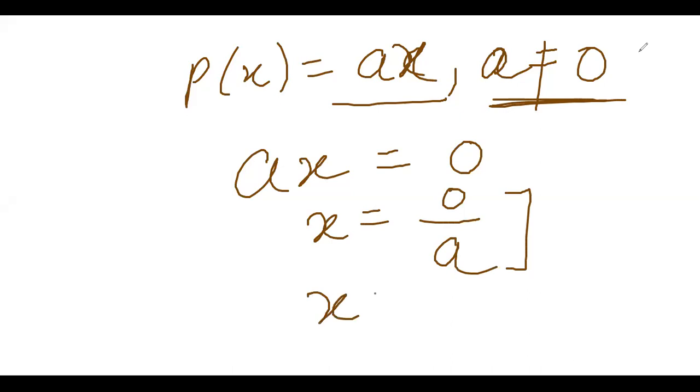So x is equal to 0. That means if we put x as 0 here, then only we'll get the polynomial 0. सिर्फ x 0 होने पर ही ये possible है. So we will say that x equal to 0 is the 0 of the polynomial.